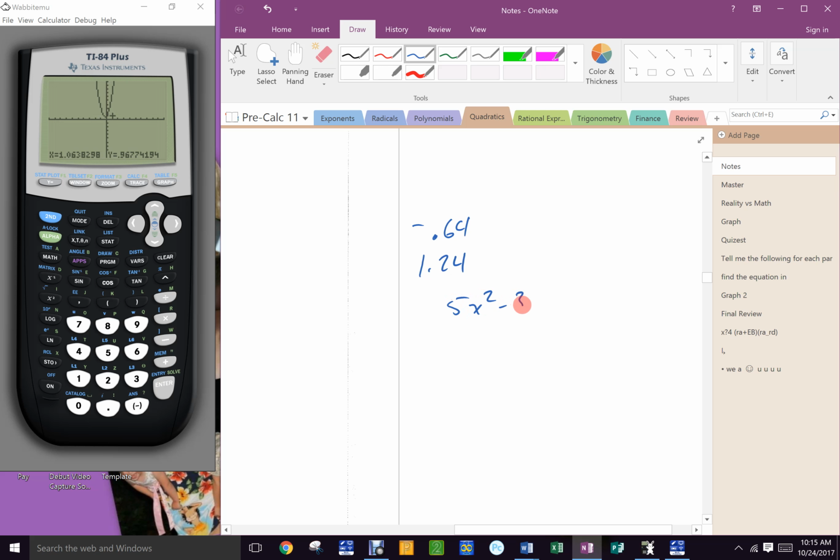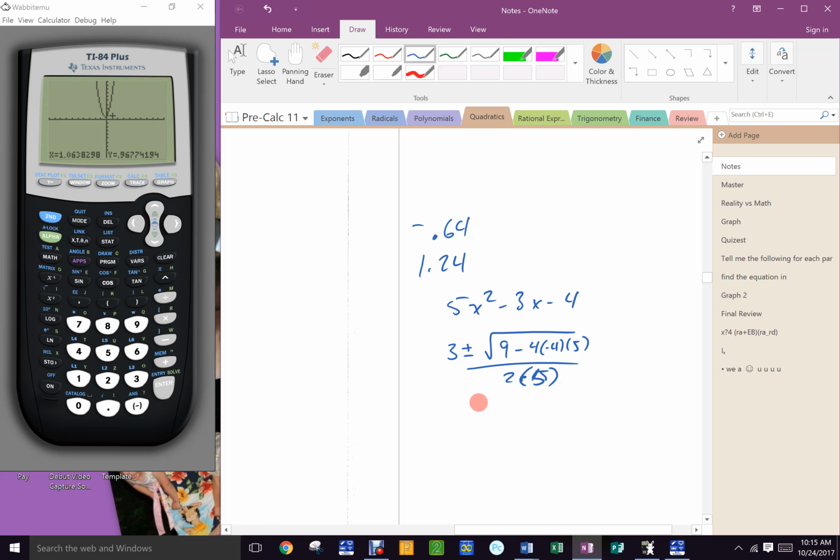5x squared minus 3x minus 4. That was the equation, right? Doesn't factor, does it? Doesn't complete the square, does it? So we would quadratic formula that, right? 3 plus or minus the square root of 9 minus 4 times negative 4 times 5 over 2 times 5.